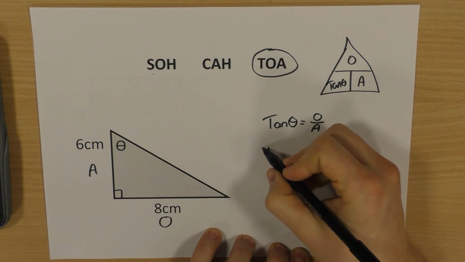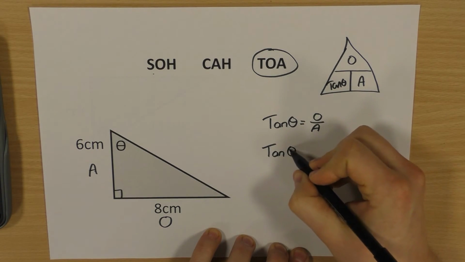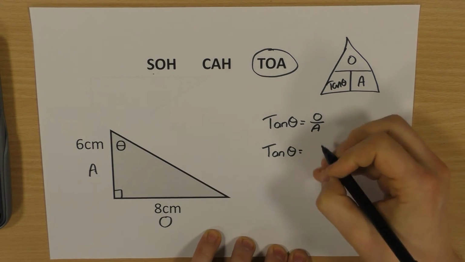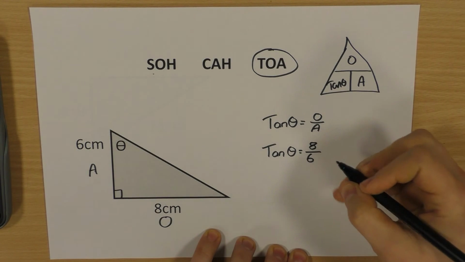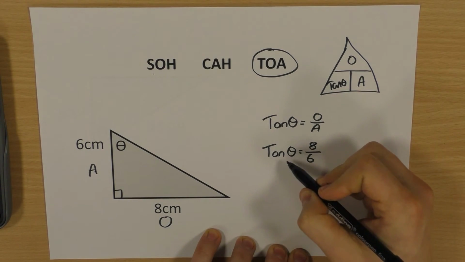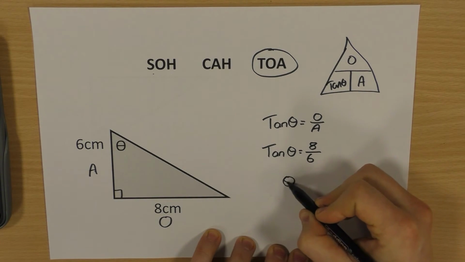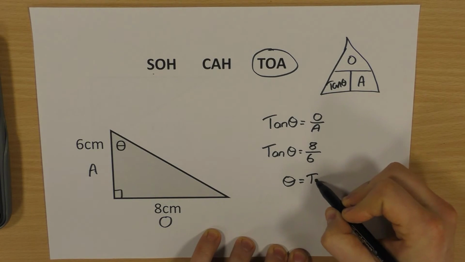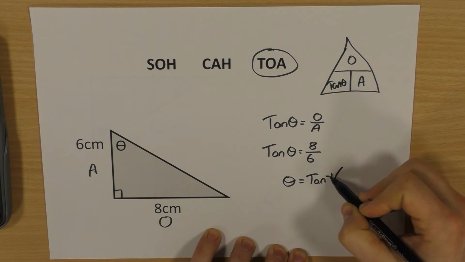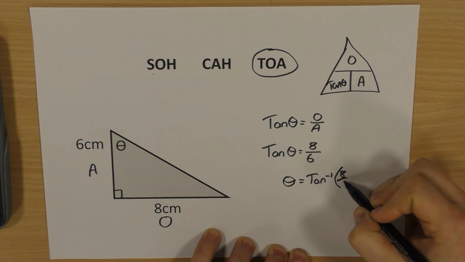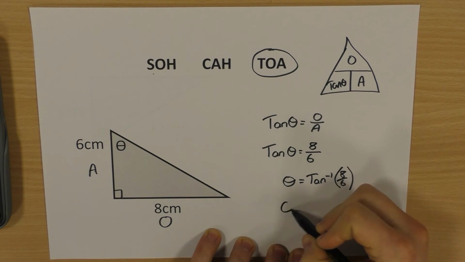So fill in what we know. Well, tan theta equals the opposite was 8. And the adjacent was 6. And just like before, I don't want tan theta, I just want theta. So I have to do the inverse of tan. So I do the inverse of tan, so remember that little -1 there, and then it's 8/6.